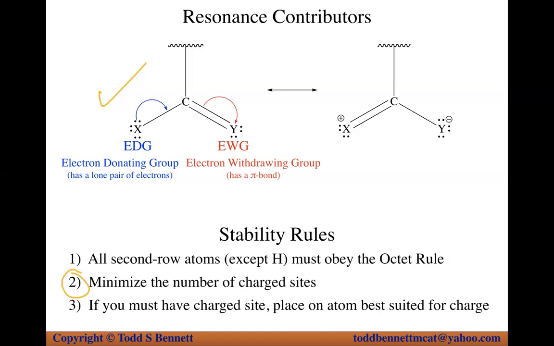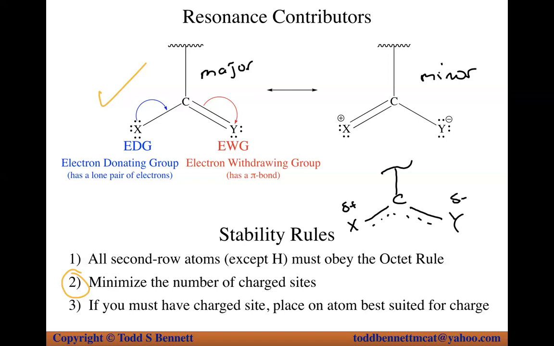No idea exactly how much each one contributes, but we simply call this major and minor. So if I were to draw a resonance hybrid with a carbon, I'd have my bond to X, my bond to Y, and I would put a very small delta plus here and a very small delta minus, representing the fact that this is your major contributor, and you have a tiny amount where there's a positive here and a tiny amount where there's a negative there, and then you have a resonating pi system.